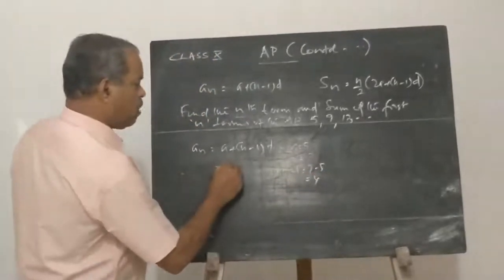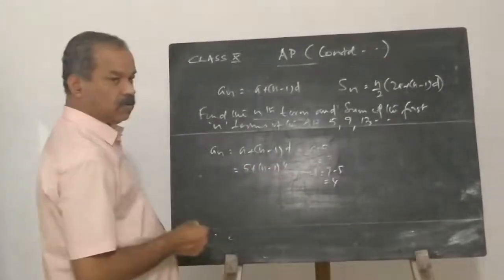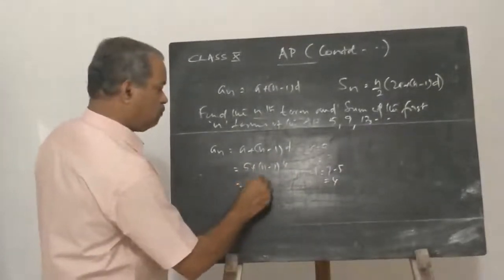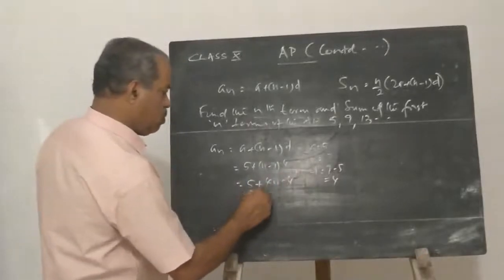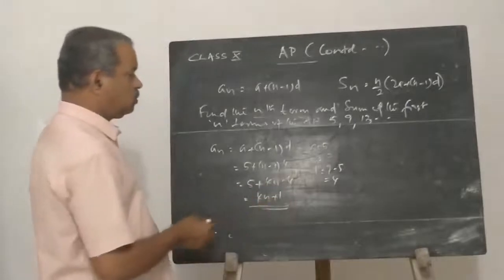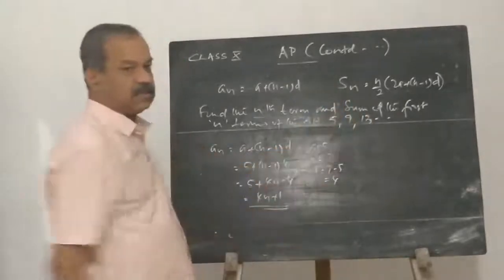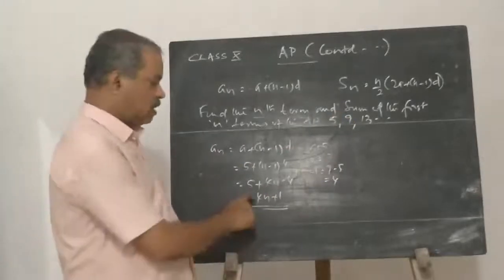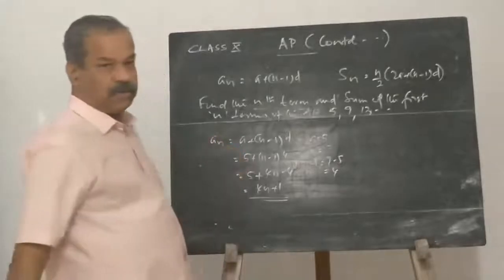So 5 plus n minus 1 into 4 is equal to 5 plus 4n minus 4, which equals 4n plus 1. So the nth term of the AP 5, 9, 13, etc. is 4n plus 1. That is, an equals 4n plus 1.